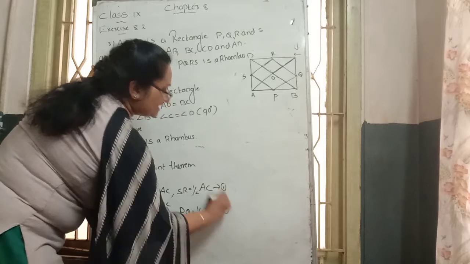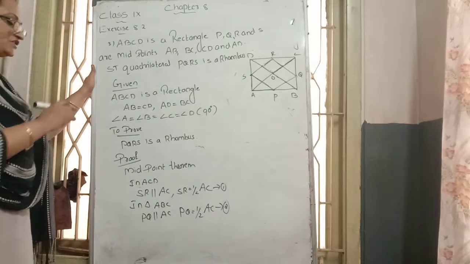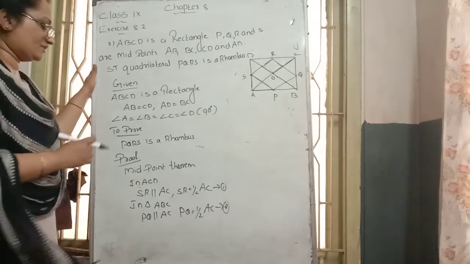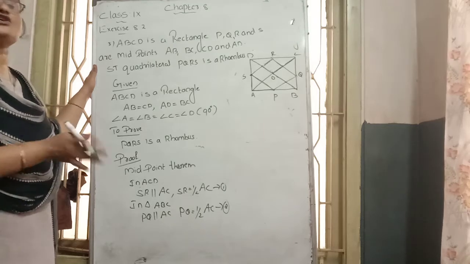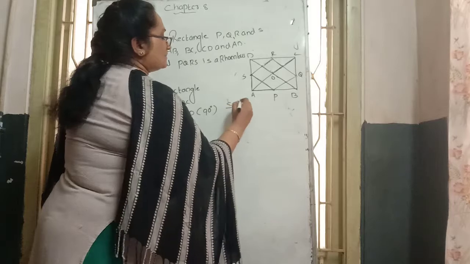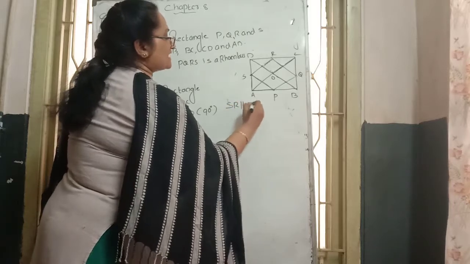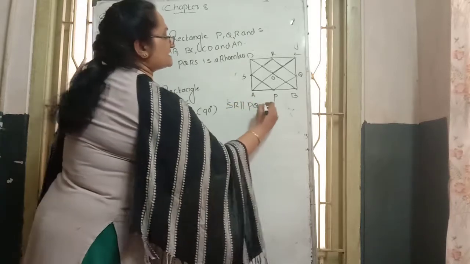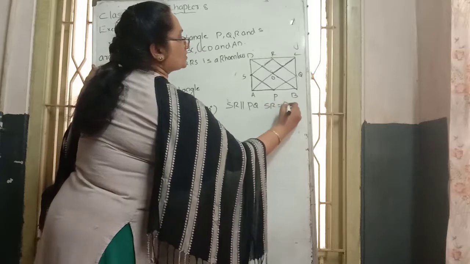Mark it as the second equation. Therefore, using the midpoint theorem, SR and PQ are equal: SR is parallel to PQ and SR is equal to PQ.